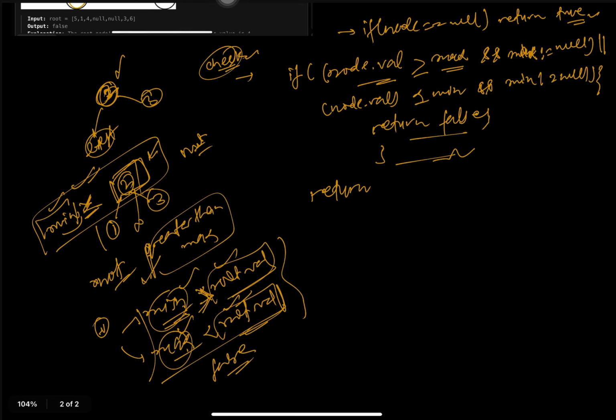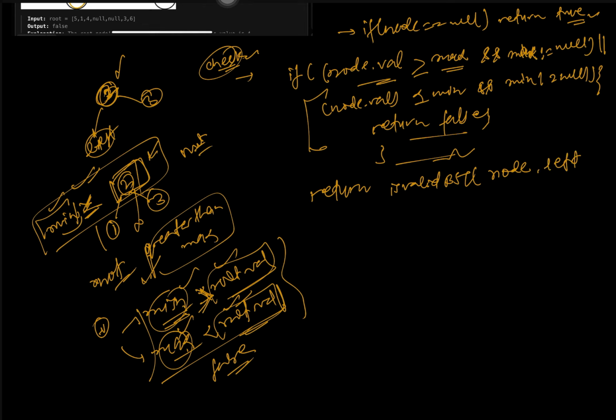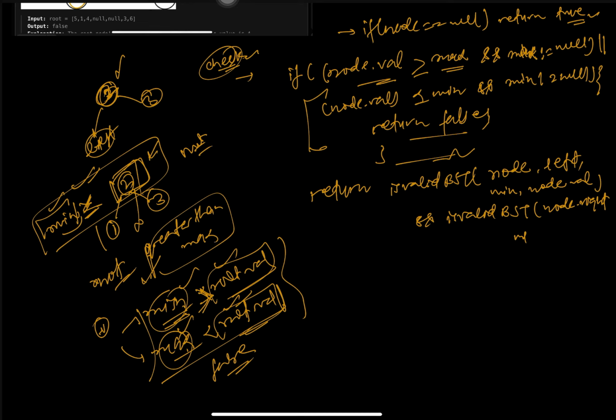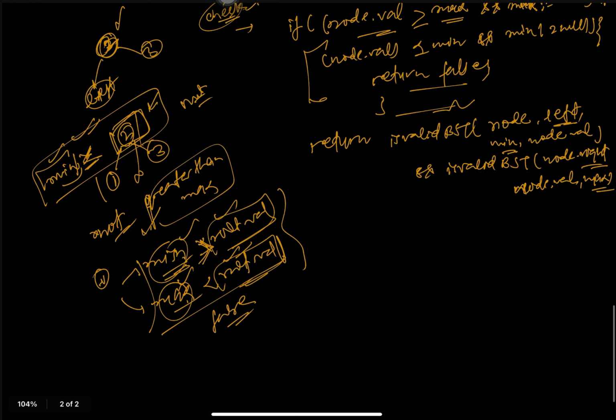Otherwise we call isValidBST on node dot left, with min and node dot value as the max, and isValidBST on node dot right, with node dot value as the min and max. So node dot left is compared with the maximum and node dot right with the minimum.